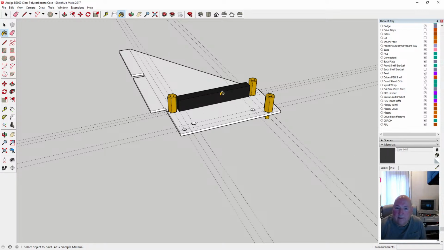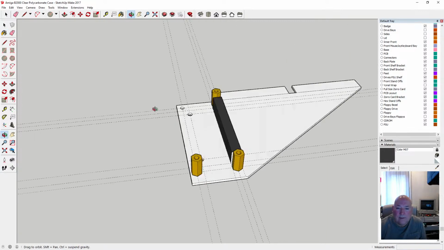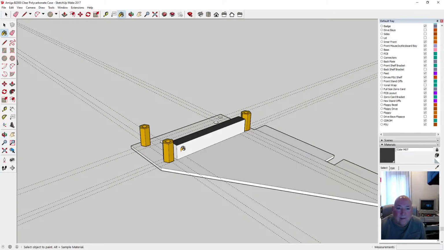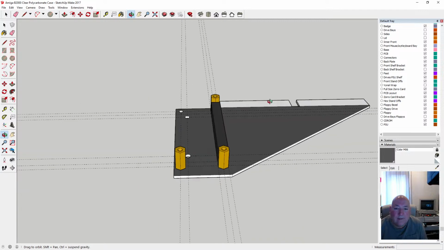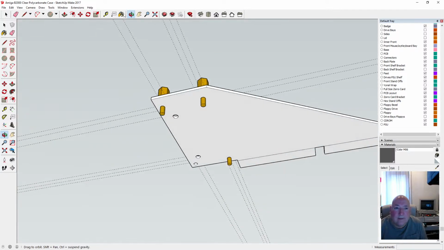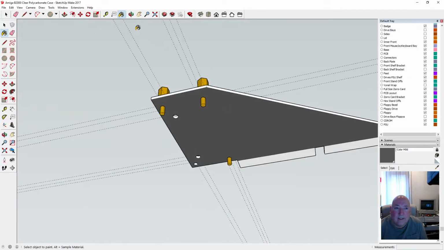It's a bit dark. Okay. And we've got a black PCB. It looks pretty dark, but not quite as dark as the connector, so we'll go like that.